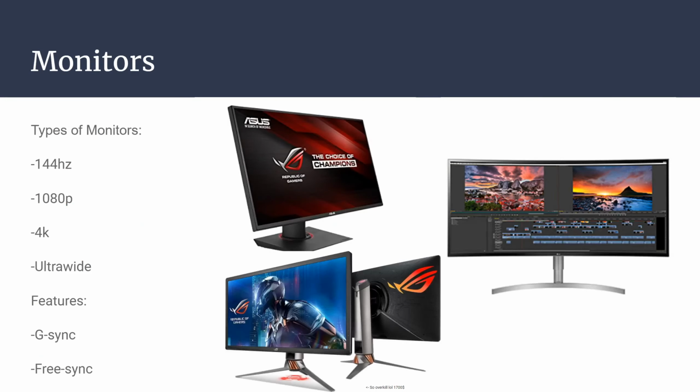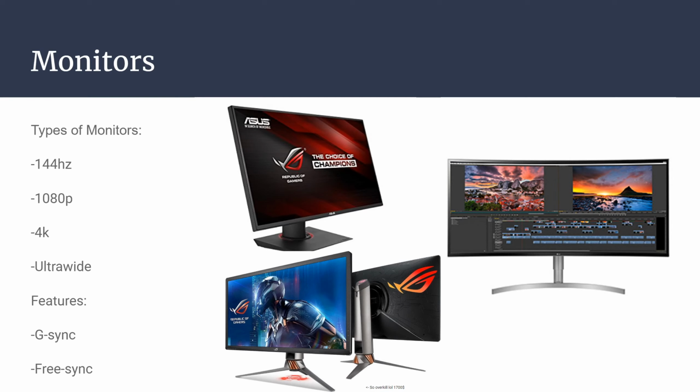And then next we have the peripherals. So here you can see the monitors. There are many kinds, right? 144 hertz, 4K, ultra wide, G-Sync, Freesync, USB-C, 240 hertz also, 300 hertz for some reason. If you want a nice monitor around 150 to 200, just to play games and do some basic schoolwork, I would recommend a 1080p 144 hertz monitor.